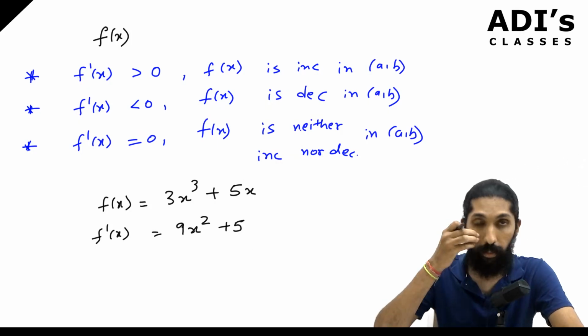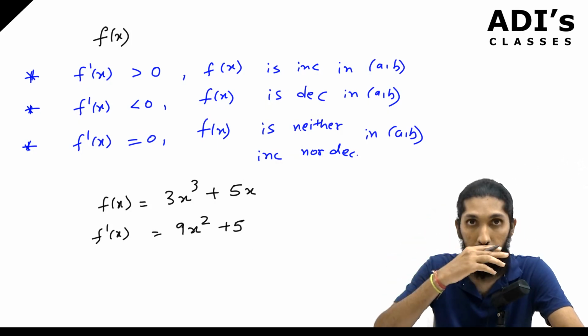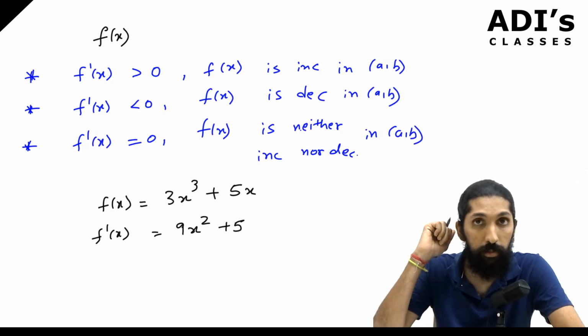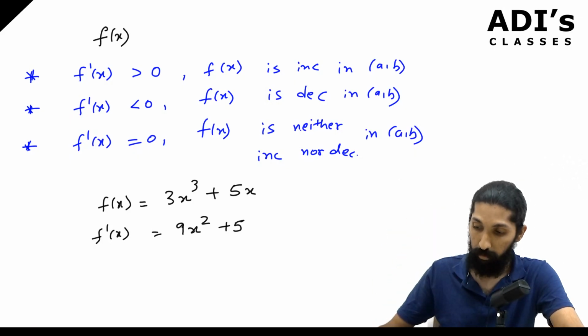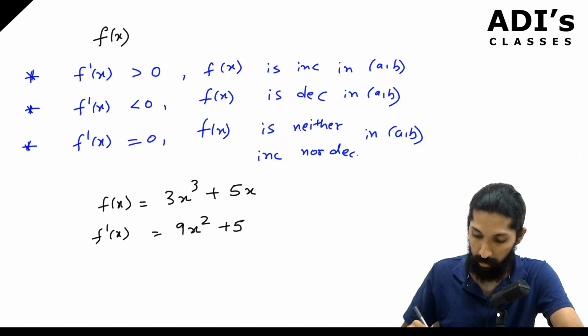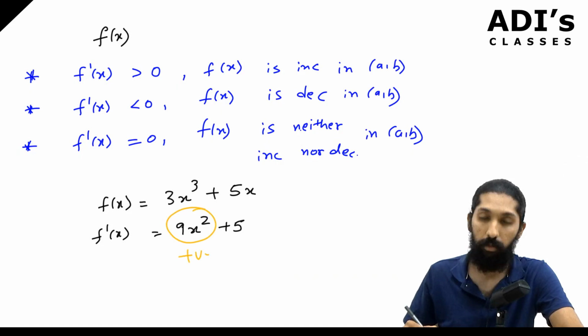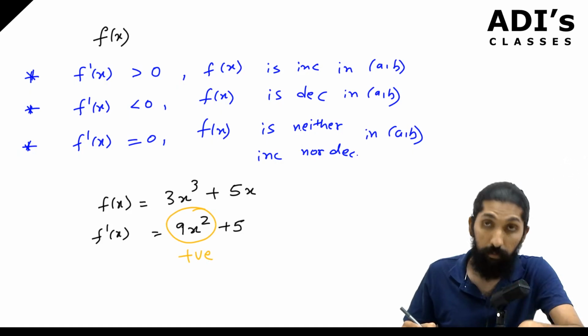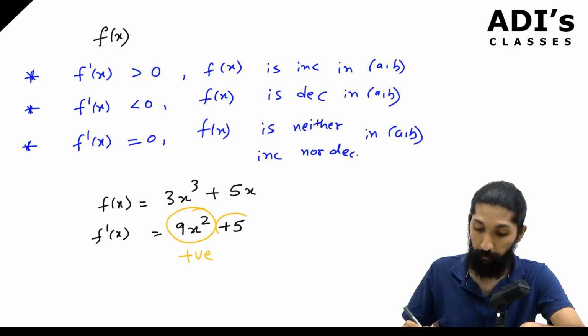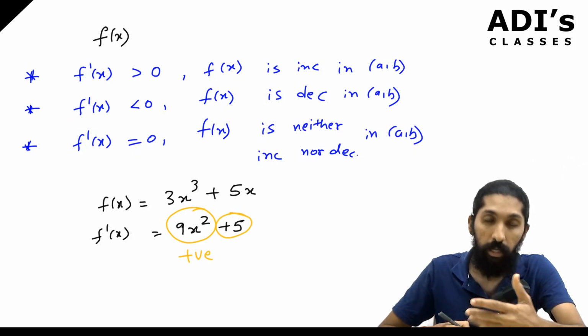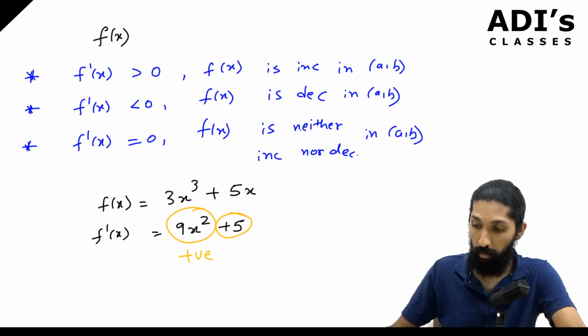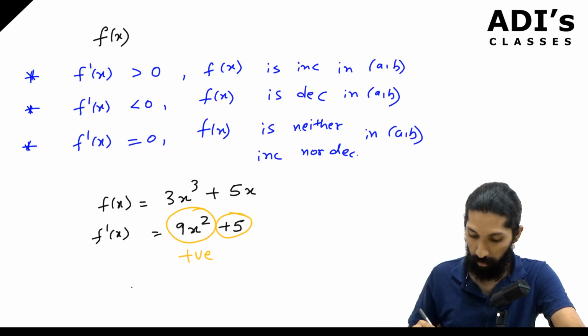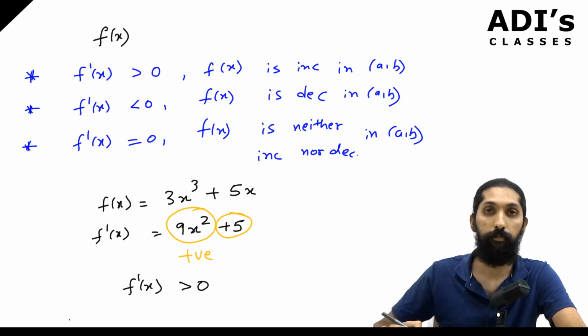Now, guys, if you look at it, x square can never be negative. So 9x square is always positive, right? So what do we have? This is always a positive number. And to a positive number, we are adding 5, which is again a positive number. So can we say that f dash of x is always greater than 0.